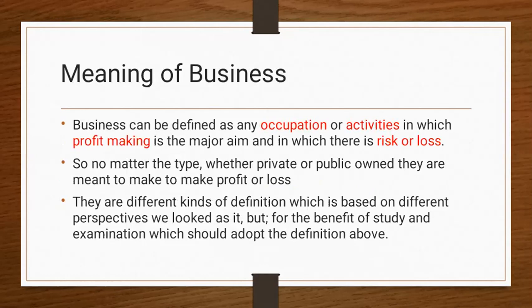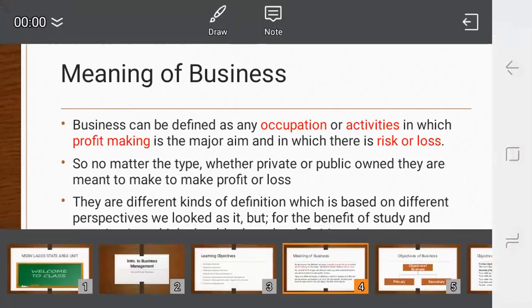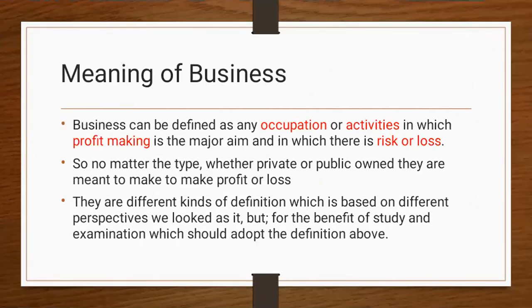To recap, there is no single acceptable definition for business, so just for the level of secondary school per se, we're using that as our own scope so that we can easily comprehend it.